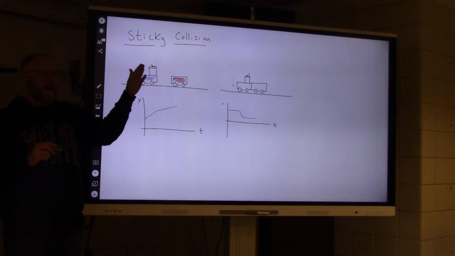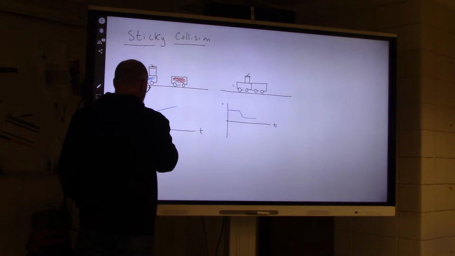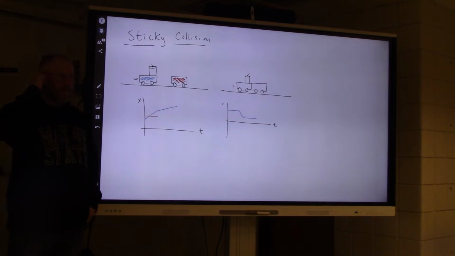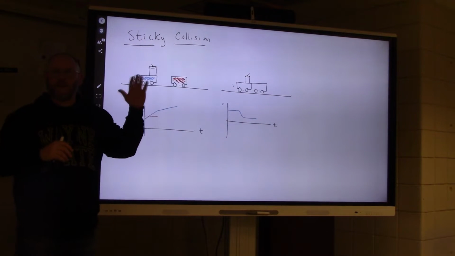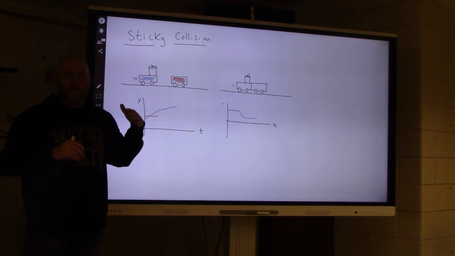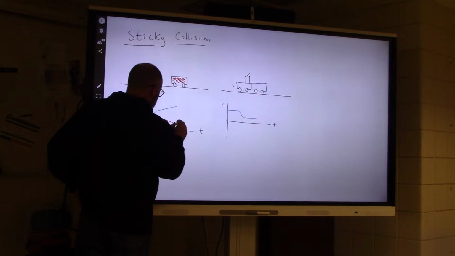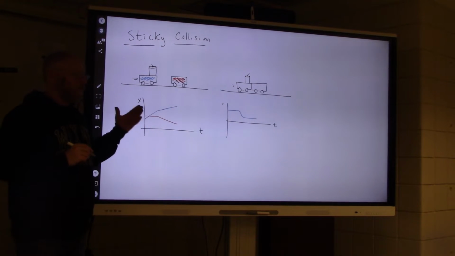So the red one, originally it's at rest. And then it starts moving. The problem is, it's moving toward the sensor, so the sensor thinks its velocity is negative because it's moving toward the sensor. So your graph will look like this, which is fine.